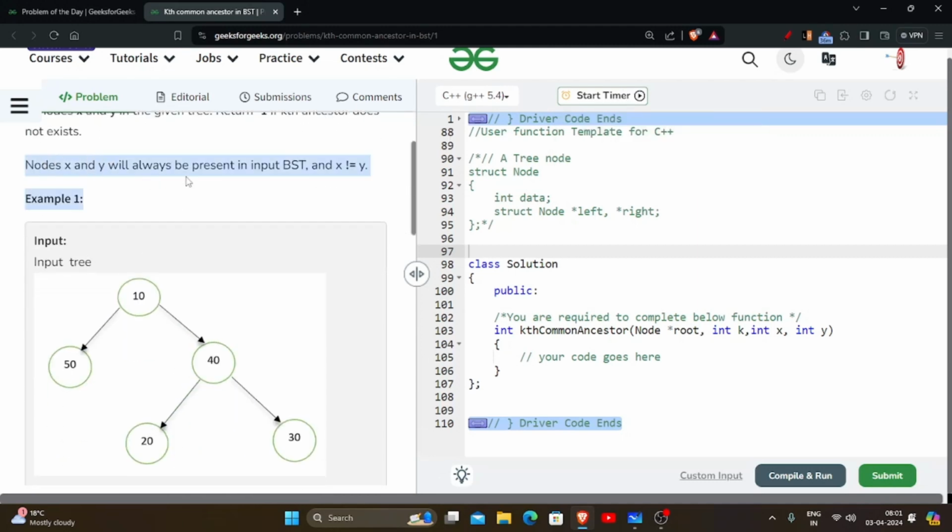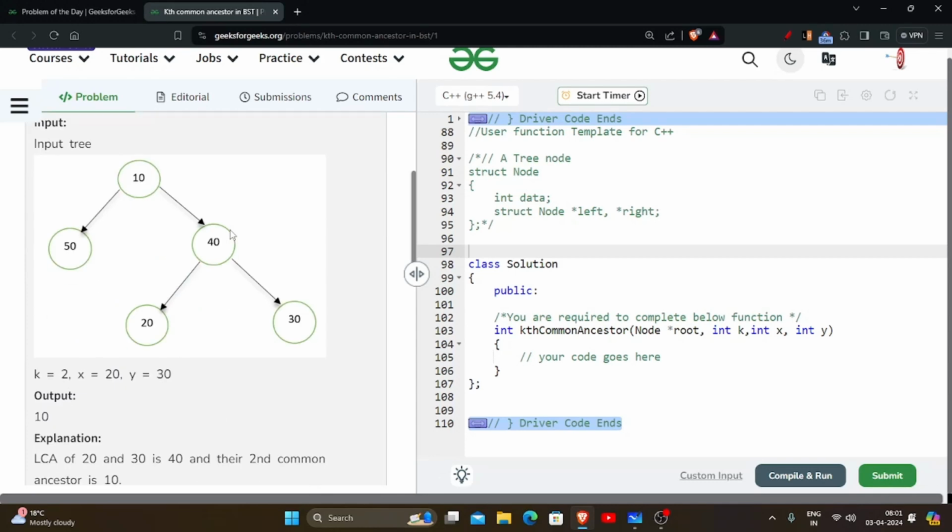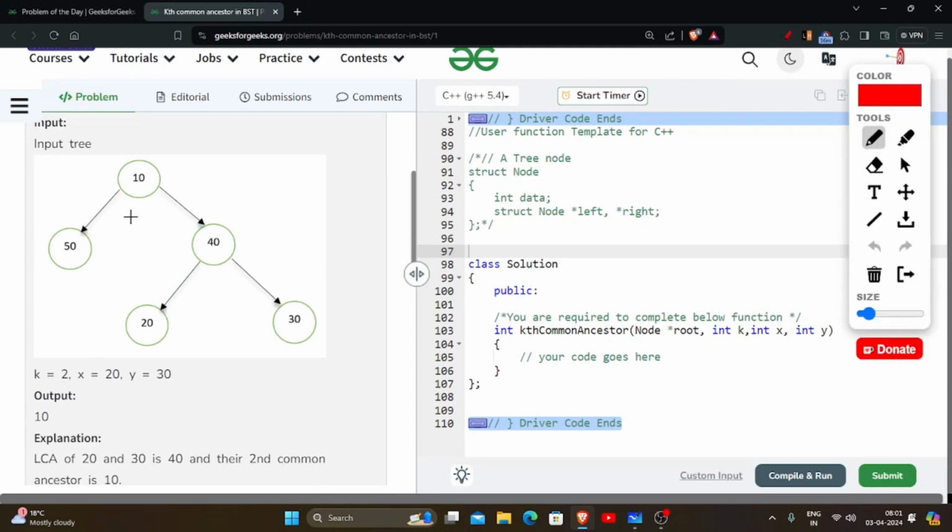Also, it says node x and y will always be present in our input BST, and x is not equal to y. That means they both are distinct. So if I look at the very first case, if you see 20, so 20 is somewhere here and 30 is here. So if there is a common edge above and the node which is an ancestor of both, ancestor means parent or grandparent or great grandparent.